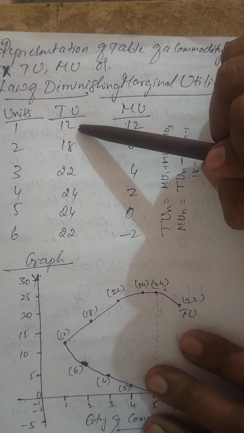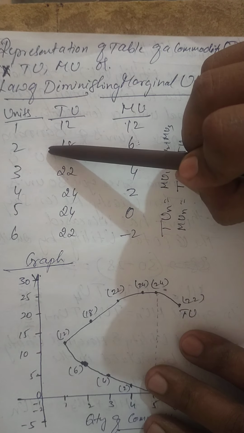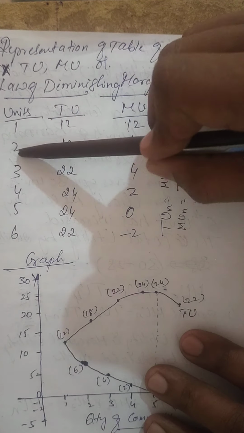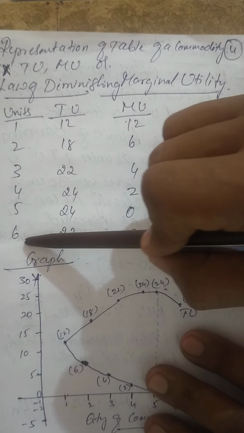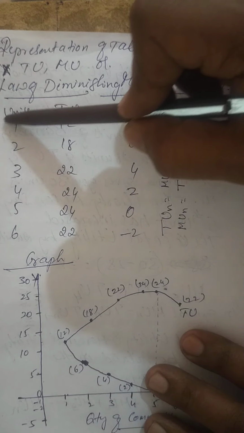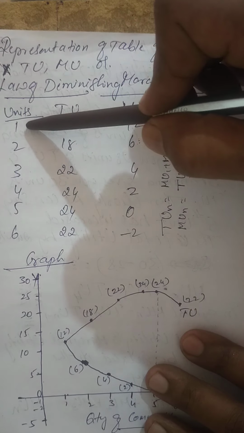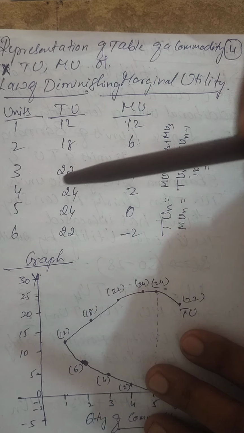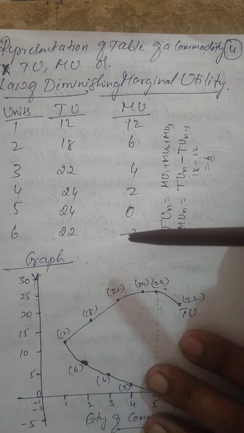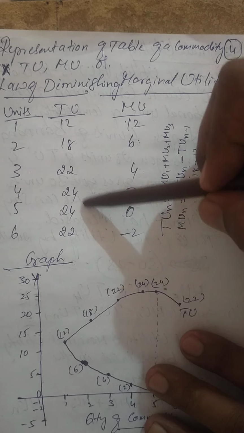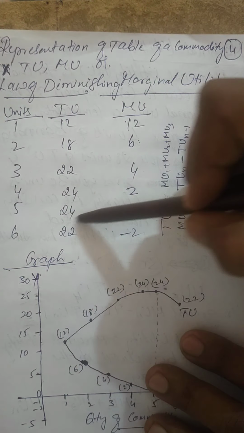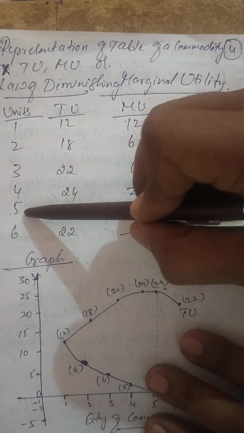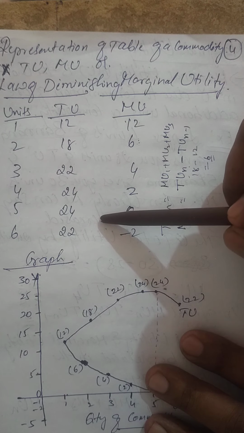So total utility of consumption is increasing as and when the commodity is consumed. But after some time, the level of consumption becomes constant, which is when the fifth unit of consumption takes place.